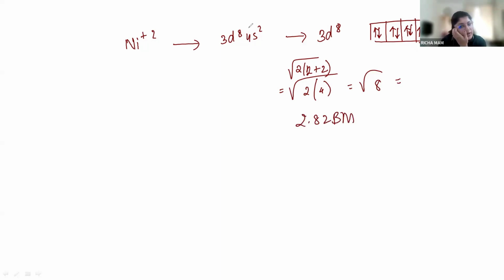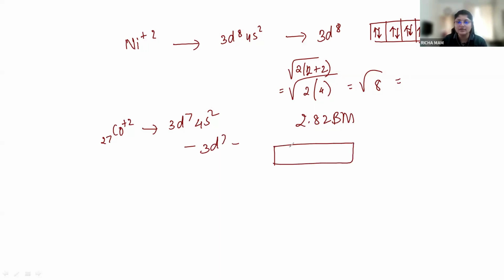Good. Let us move to the one more I had given you, cobalt plus 2. Again 3d7 4s2, because cobalt is 27. Plus 2 means 3d7 system.